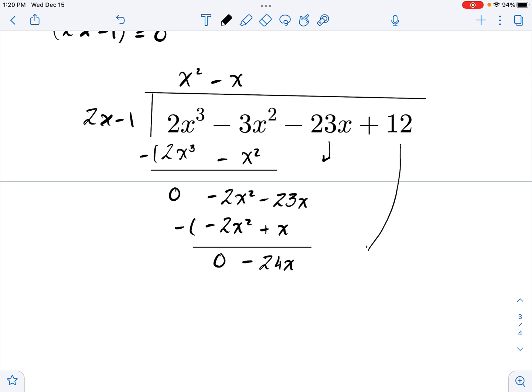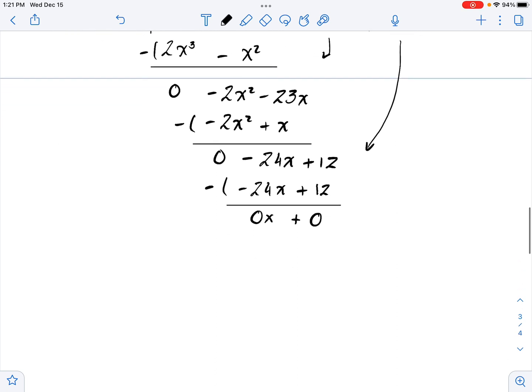And then finally, my last term, plus 12. 2x goes into negative 24x, negative 12 times. So I have here negative 12. Negative 12 times 2 is negative 24x, and negative 12 times negative 1 is plus 12. When I subtract, I will get 0x plus 0, showing that 2x minus 1 is indeed a factor.